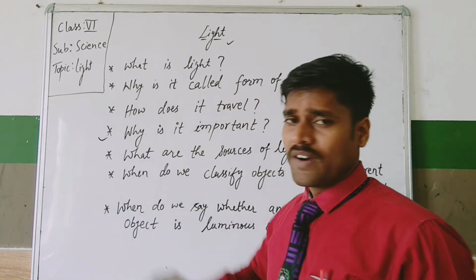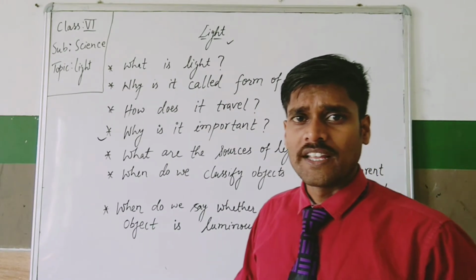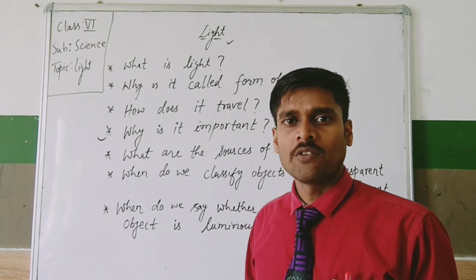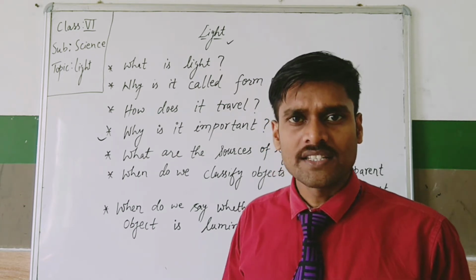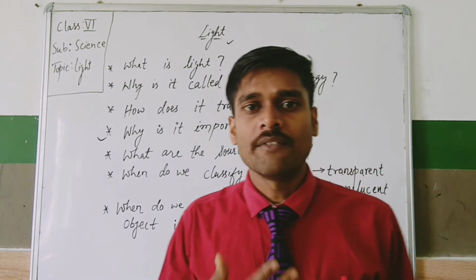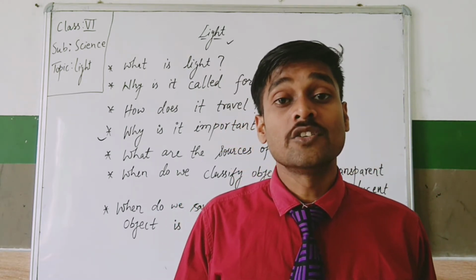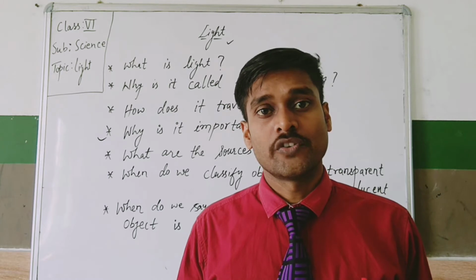Now, the question is, why is it important in our day-to-day life? It is important in our day-to-day life to see different objects. It has several applications. Like, if I am visible, it is just due to this form of energy, so it is important.